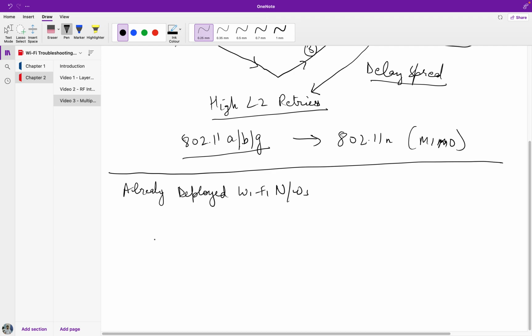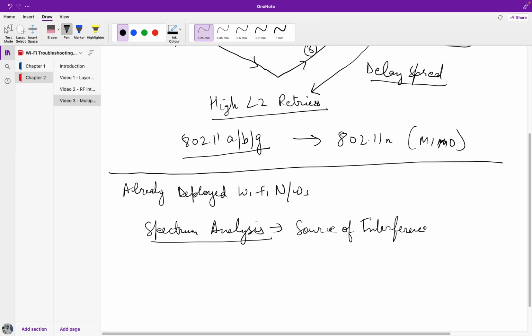A part of an active survey is also something called a spectrum analysis. In a spectrum analysis you figure out the sources of interference and try to figure out what could be the likely cause for high layer 2 retries.